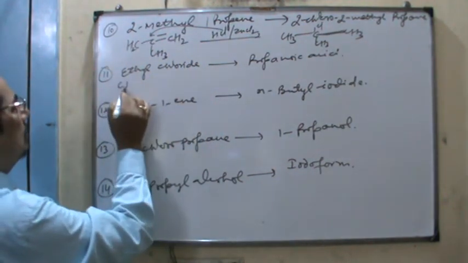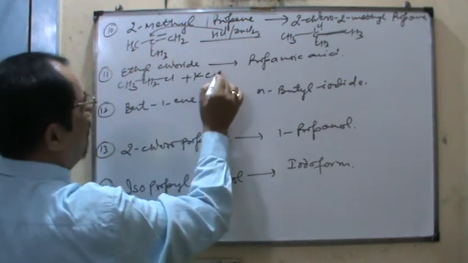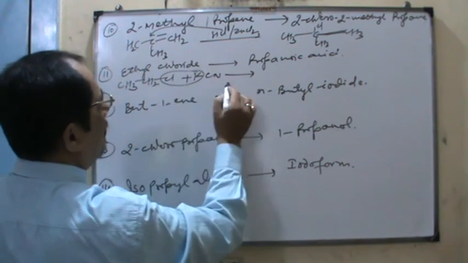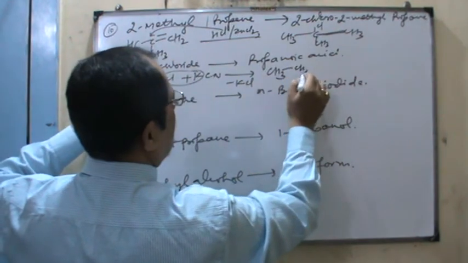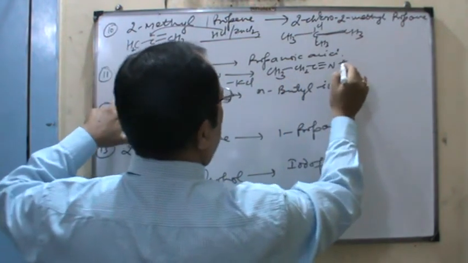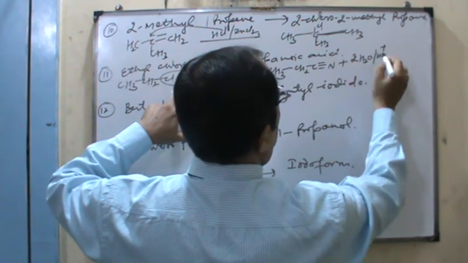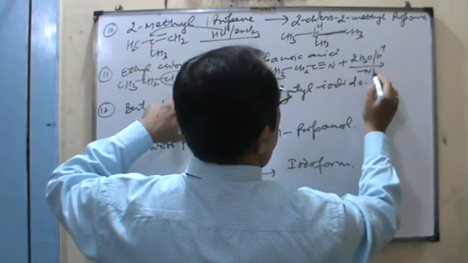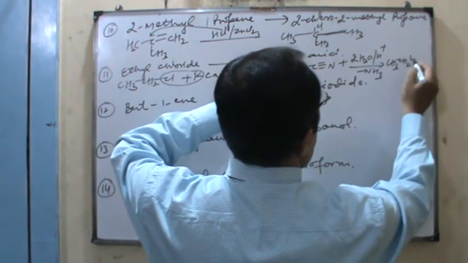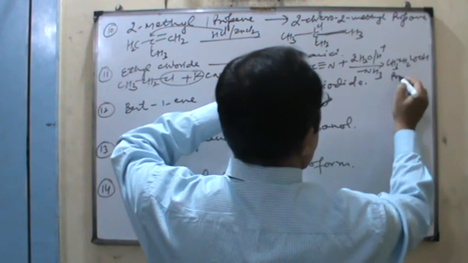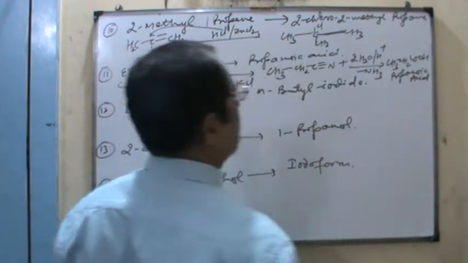Ethyl chloride, CH3CH2Cl plus KCN minus KCl gives CH3CH2C triple bond N. With 2 times water and NH3, it gives CH3CH2COOH, which is actually propanoic acid.